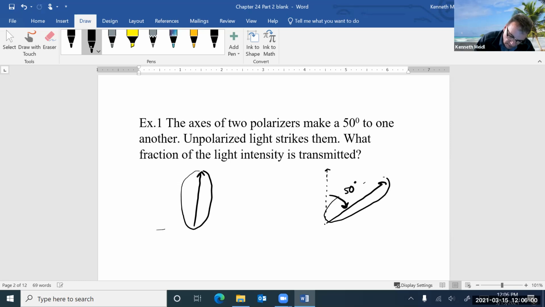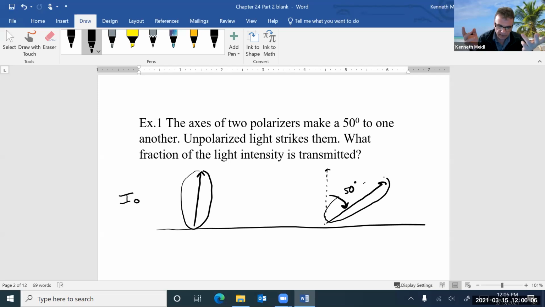Here we have some intensity of light, and we don't even care what that happens to be. After that light goes through the first polarizer, half of your components are gone, right? So one of the components is gone.